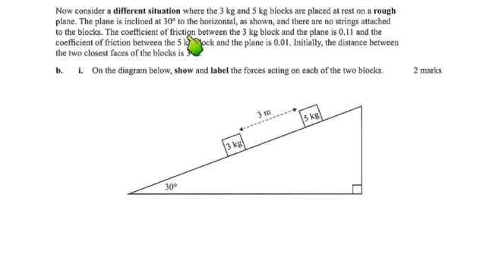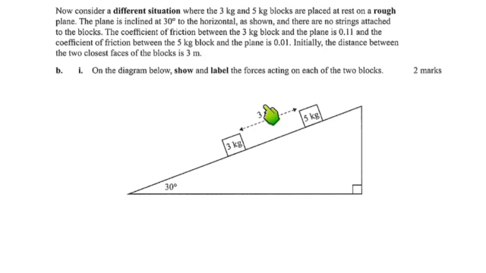The coefficient of friction between the 3 kilogram block and the plane is 0.11, and the coefficient of friction between the 5 kilogram block and the plane is 0.01. Initially, the distance between the two closest faces of the blocks is 3 meters, as shown here.